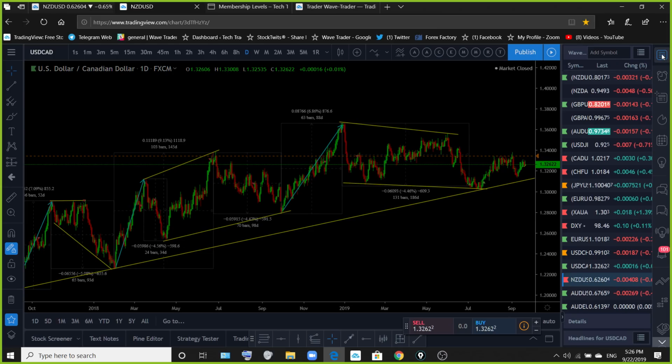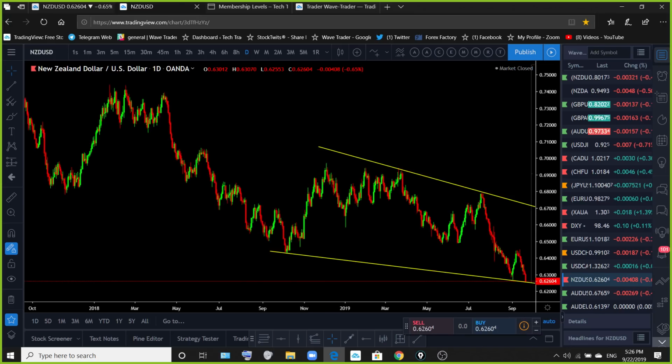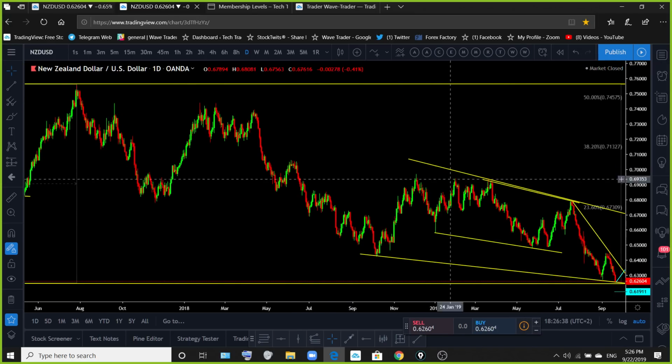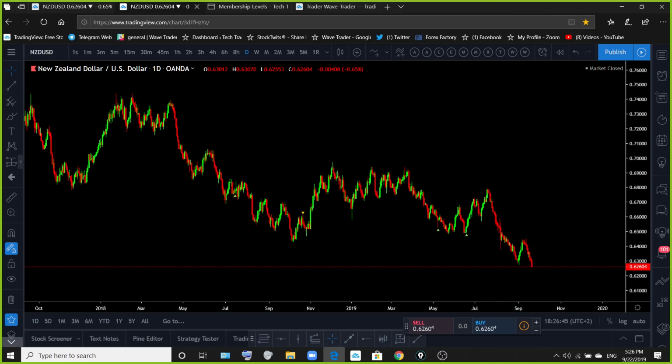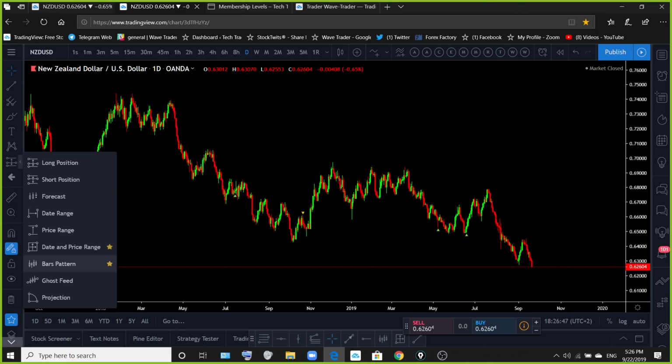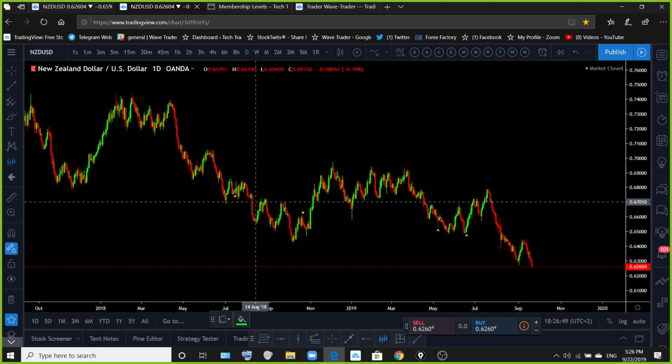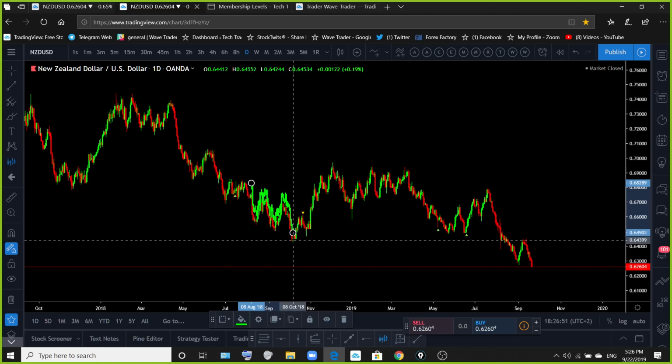So let's look at the Kiwi dollar. What can this pair do? We are currently not anticipating that kind of move, but this possibility exists over there.